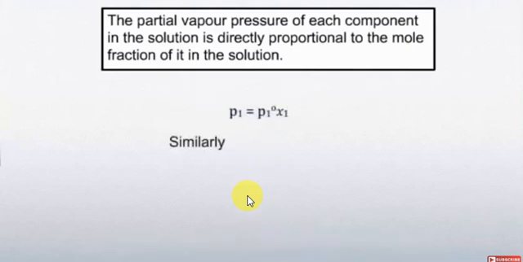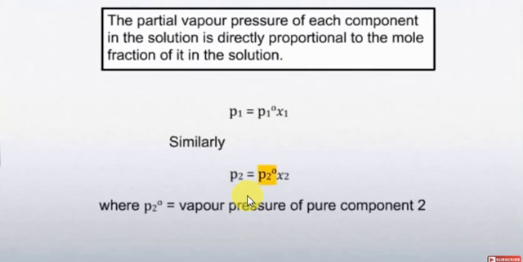Similarly, for the component 2, P2 is equal to P2 naught X2, where P2 naught represents the vapor pressure of the pure component 2.